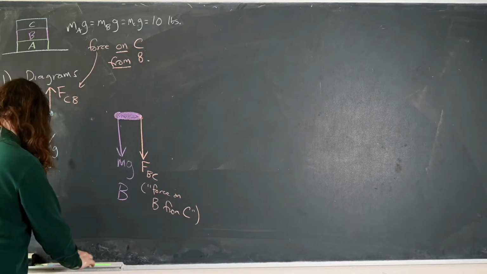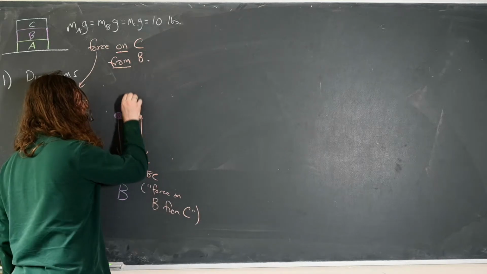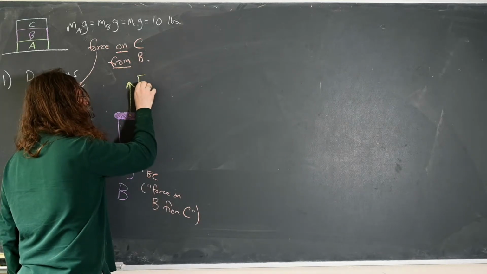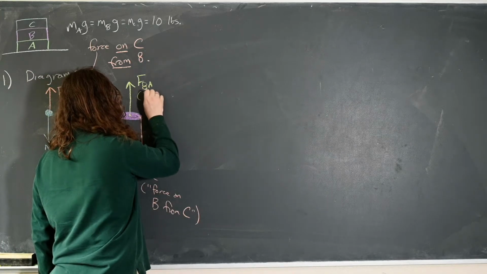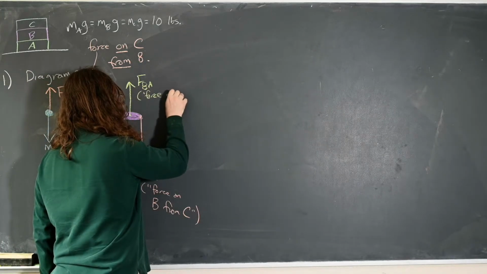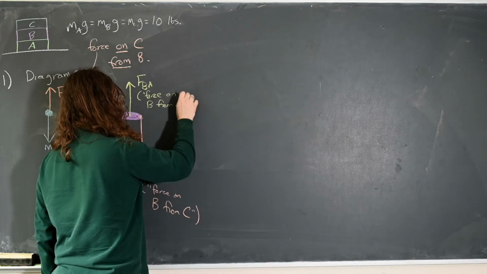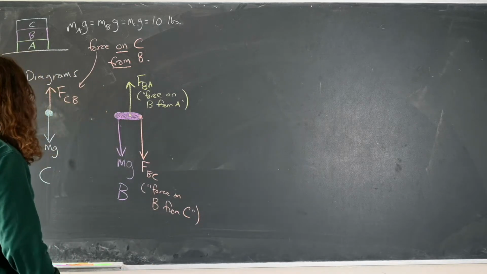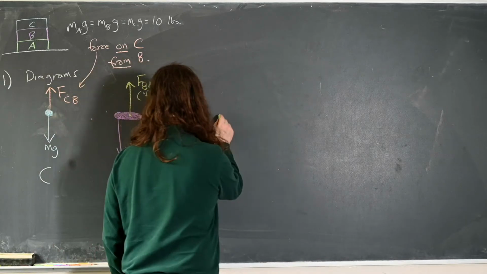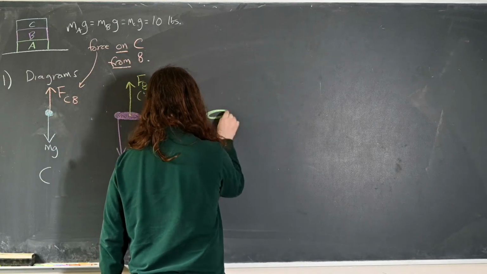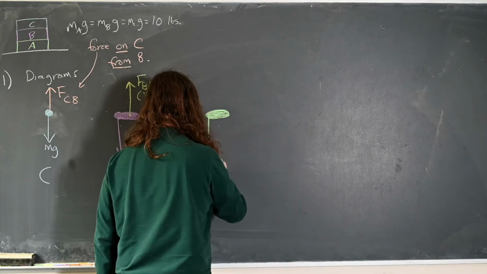And A pushes up on it. Do this in yellow. FBA. Force on B from A. For book A, I do the same thing. Let's see, I've got its own weight going down.